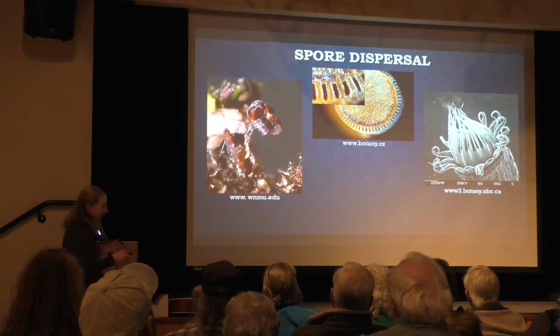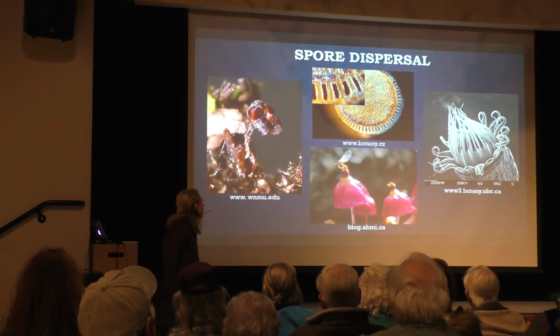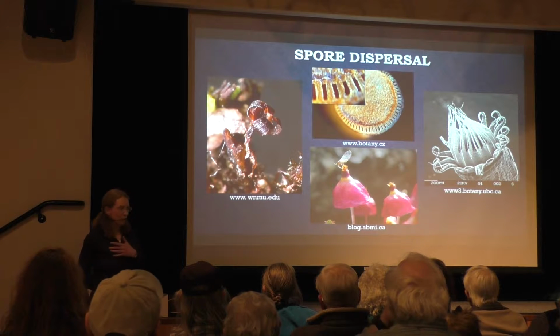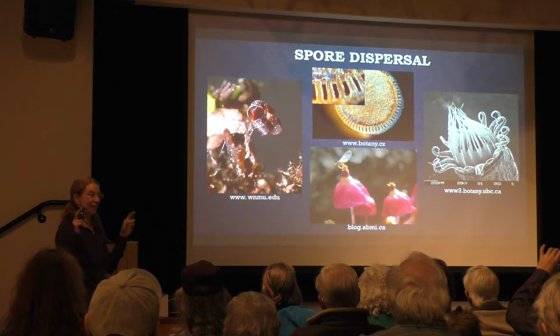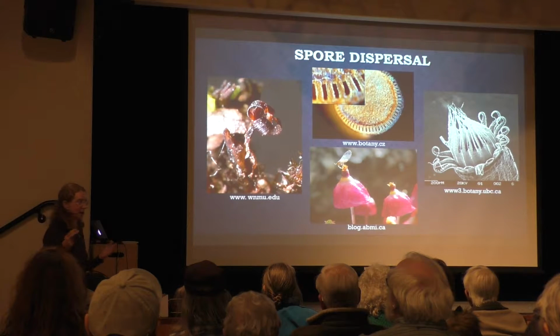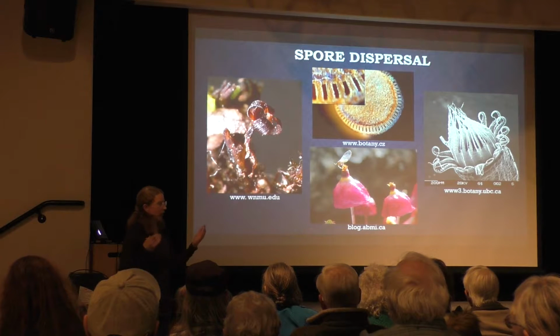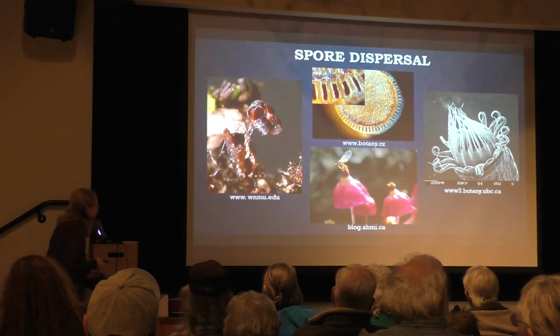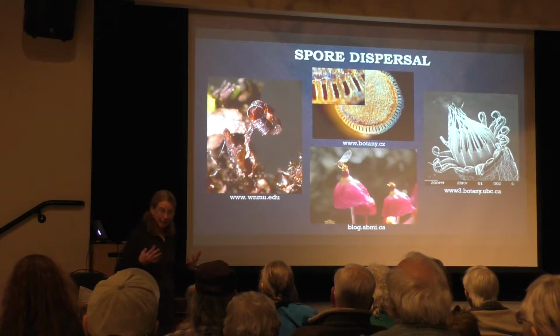Now, if you're really sophisticated, you get other creatures involved. This is a group of mosses called Splachnum. They are the dung mosses because they occur on dung, animal dung. Some of them occur on bones or other remains. Those types of remains tend to be a little stinky.